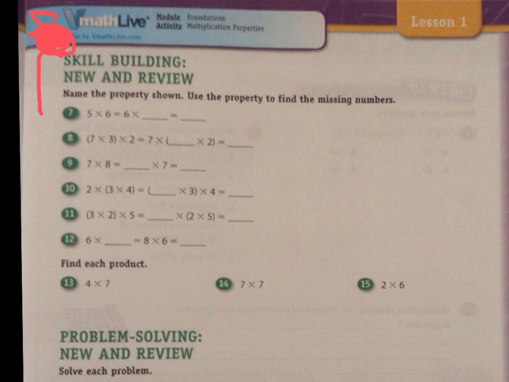Okay, for number 7, it says name the properties shown, use the property to find the missing numbers. You have 5 times 6 equals 6 times 5, which equals 30. The property shown is your commutative property of multiplication. Number 9, you have 7 times 8 equals 8 times 7, which of course is also your commutative property of multiplication.